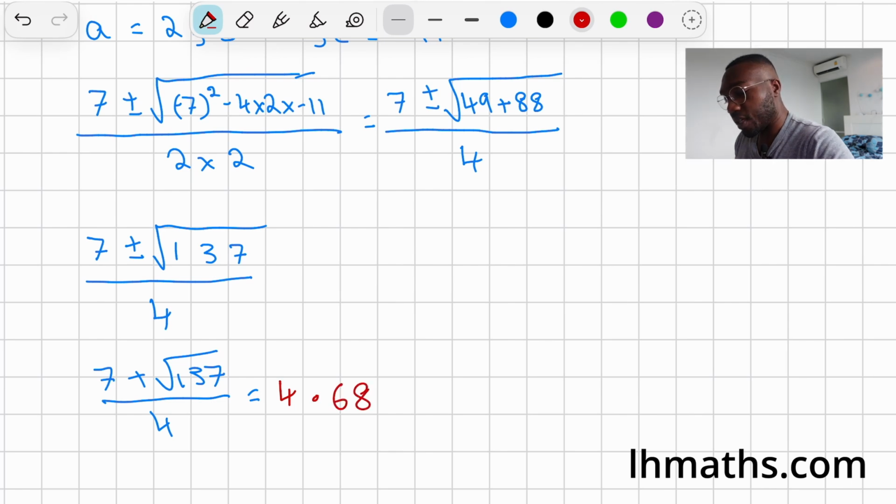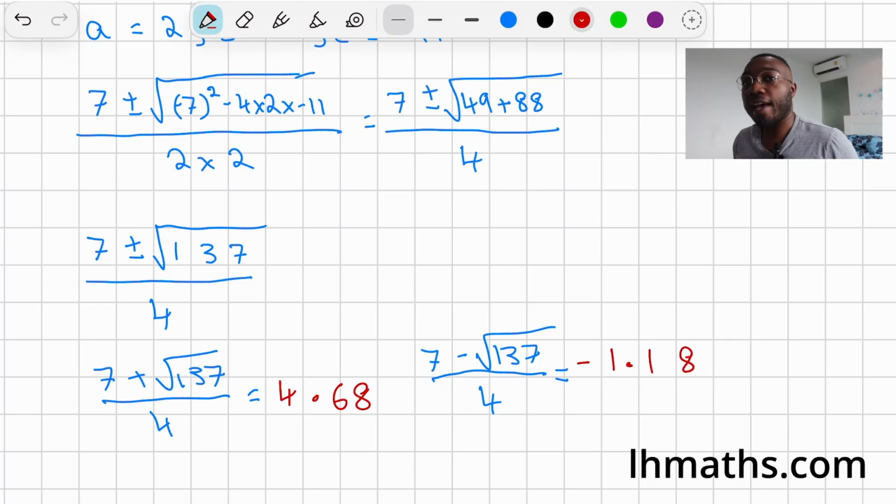And then if we do the same for the negative, so we do 7 minus the square root of 137 over 4, therefore, if I do that on my calculator, I get to 3 significant figures minus 1.18. Okay, so those would be my 2 solutions, 4.68 and minus 1.18.